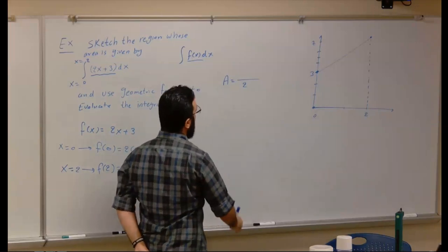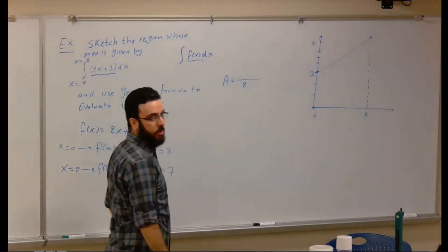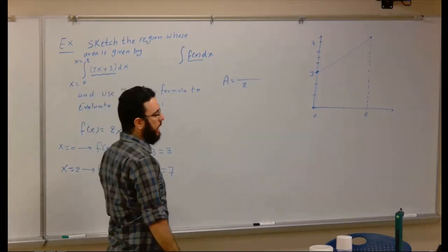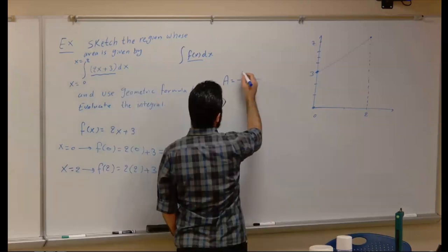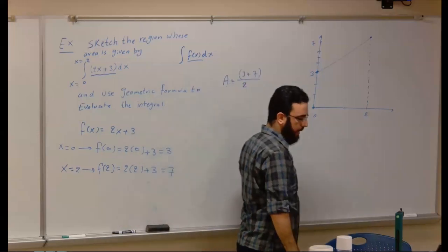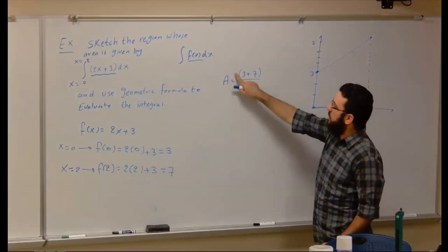Who remembers the formula for a trapezoid? The smallest height and the highest height. So it's going to be 3 plus 7. What else? You remember that? It's divided by 2, but we have to put down the base here.